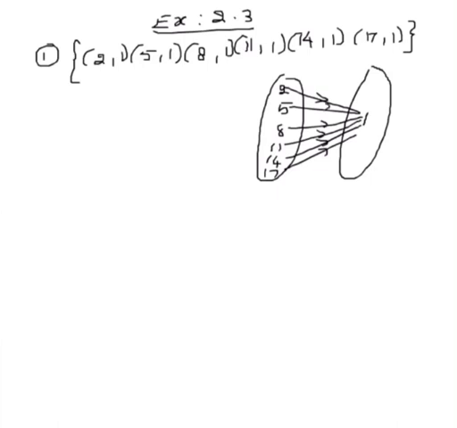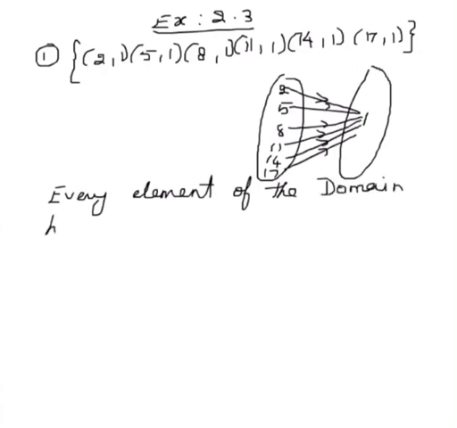Is it a function? That is the question. Yes, every element has only one image. So it is a function. Give reason. So you can write the definition of a function. Every element of the domain has a unique image.